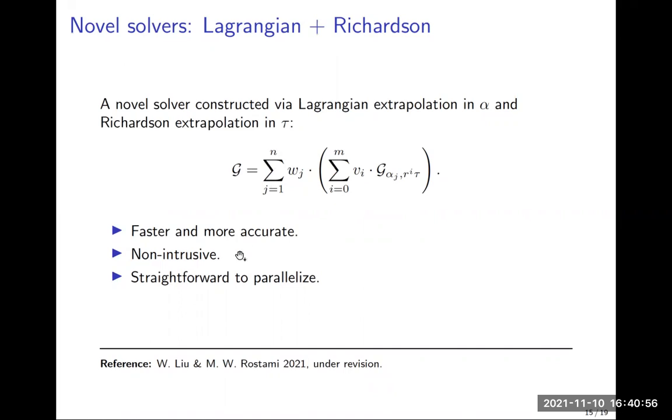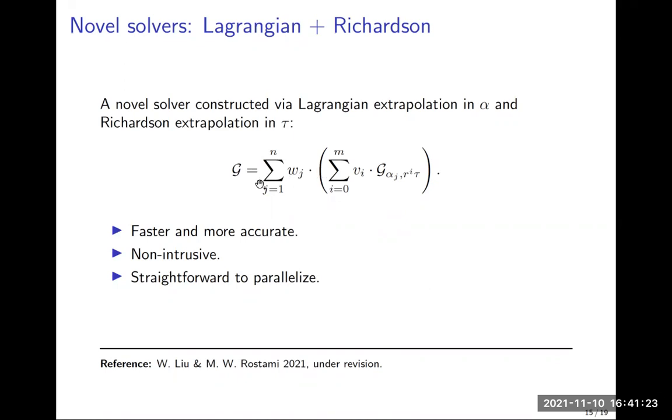But again, keep in mind, you can parallelize these solves as long as you have enough computer cores. Again, these solvers are non-intrusive. Whatever you were using before, you can keep using them. You just need to change a time step or one other parameter, and then you take the linear combination of the solution at the end of your calculation, which can be performed in parallel.